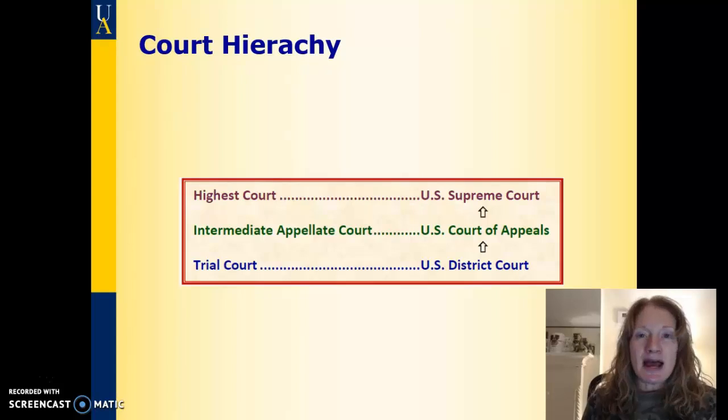If the parties are not happy with that decision, they can appeal to an intermediate court. In the federal system, your trial court is the United States District Court. The appellate court is called the U.S. Court of Appeals, and from there you could appeal to the United States Supreme Court.